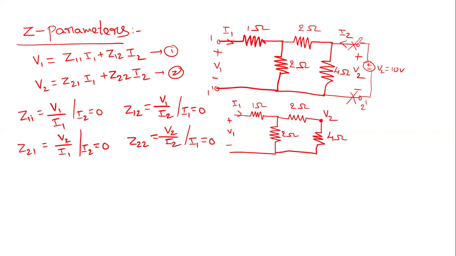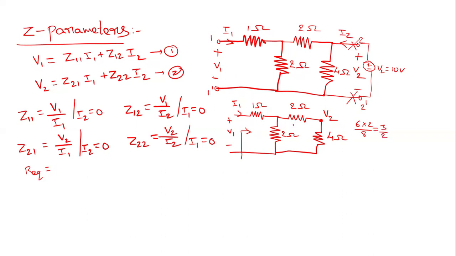Now for this circuit, we need to determine the ratio V1 by I1, which is the input impedance. The R equivalent at the input: the 4 ohms and 2 ohms are in series, so 6 ohms, parallel with 2 ohms. That equivalent is 6 into 2 divided by 8, which is 3 by 2.